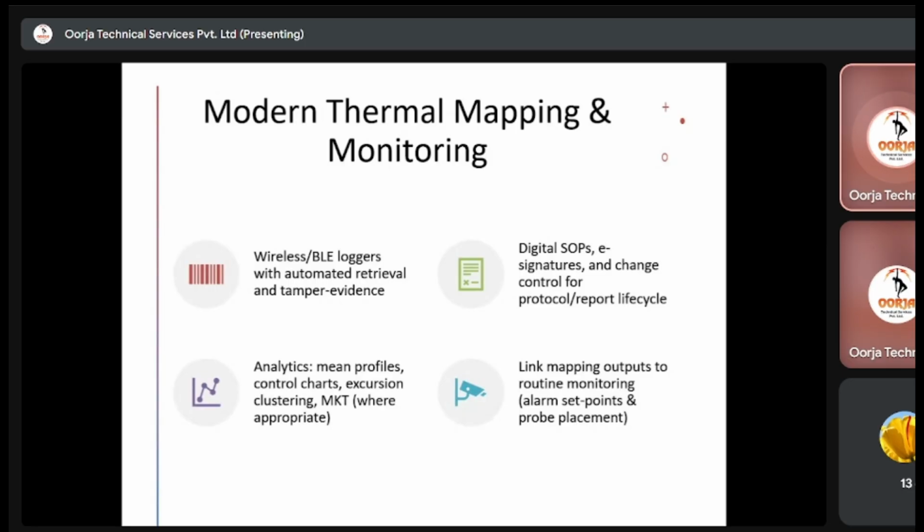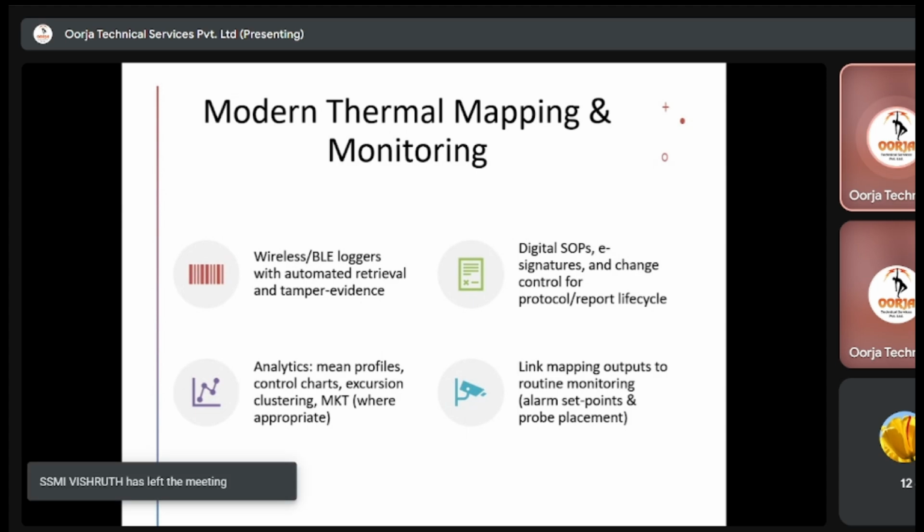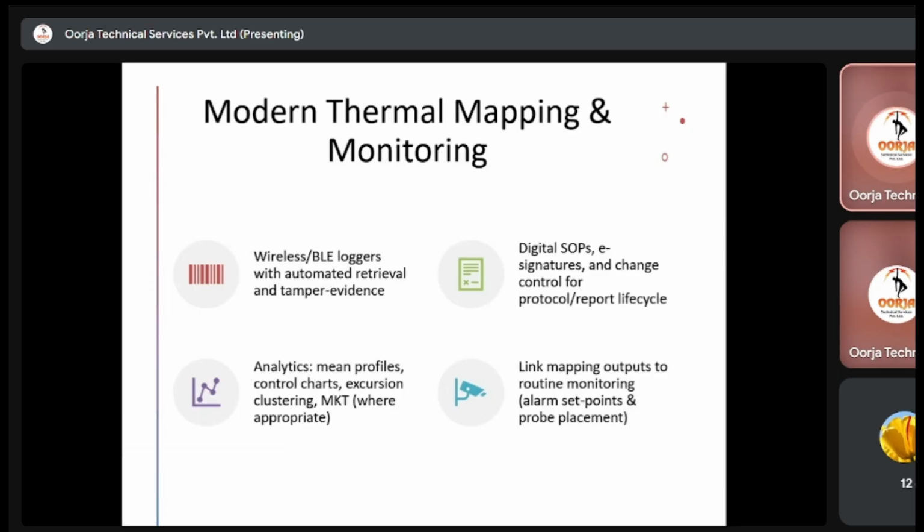So you should directly use those areas to record the temperature and RH condition in those particular areas, and you can use an alarm system, so that it automatically intimates whenever any temperature and RH condition goes beyond the defined limit. So these are the things which we take as a result of the mapping.